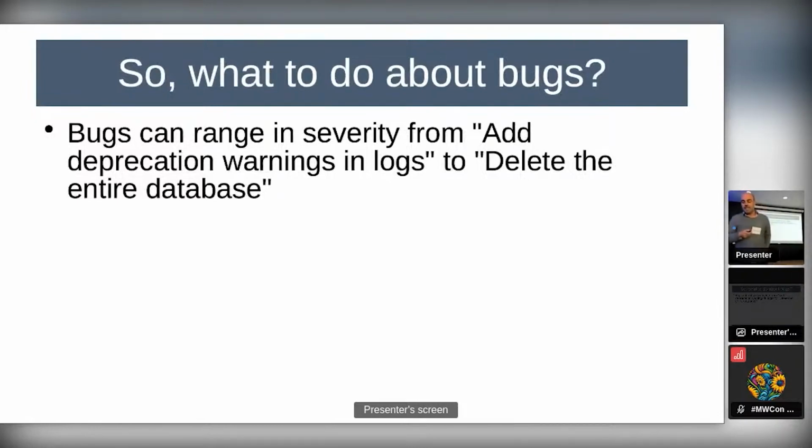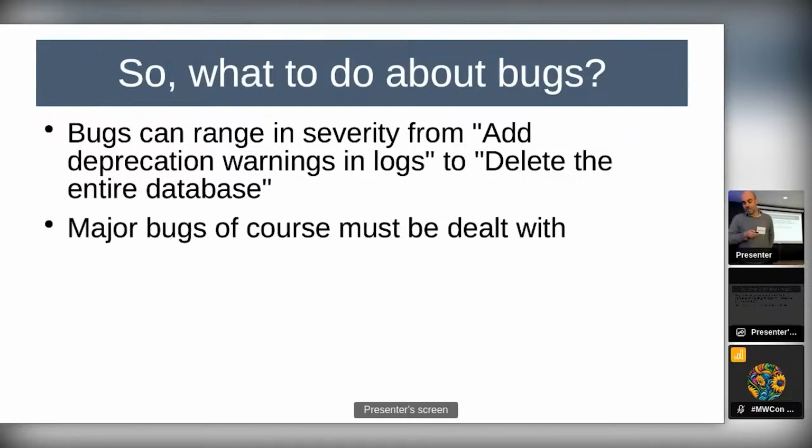So what do we do about bugs? Well, they can range in severity from adding some warning messages that no one will ever see, to deleting the entire database. And that's not even obviously the full end of the spectrum for how much damage a bug can cause. So it becomes a choice of what you do. Major bugs have to be dealt with.